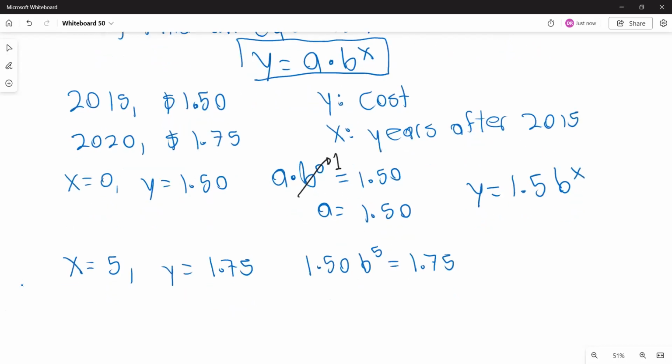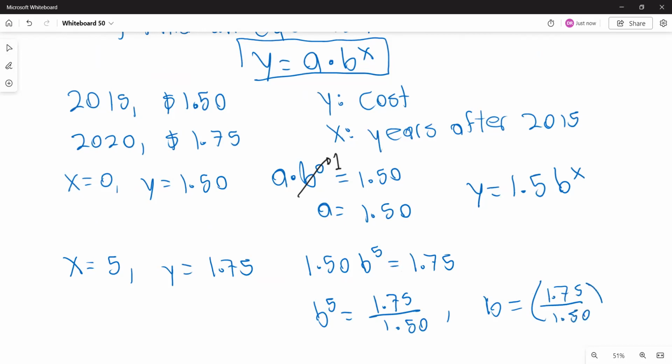So b to the 5th power is 175 over 150. And b itself is going to be 175 over 150 raised to the 1/5.